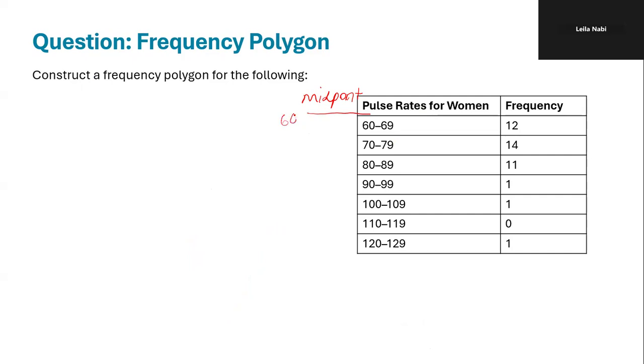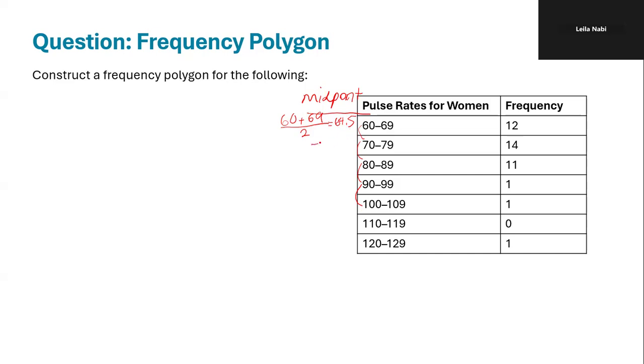If I add 60 and 69 and then divide it by 2, it gives me 64.5 because that's the middle number in each class. And since the class width in this data set is 10, the midpoints also go by 10. So after finding the first one, you don't need to add or divide by 2 for all of them. You can just keep adding 10.